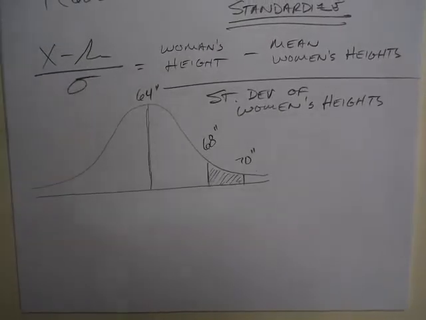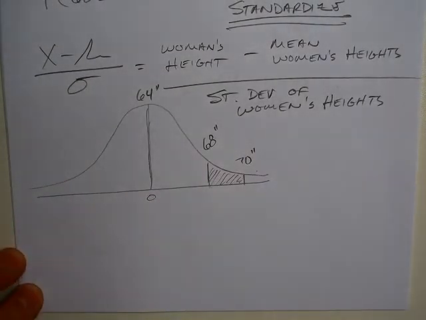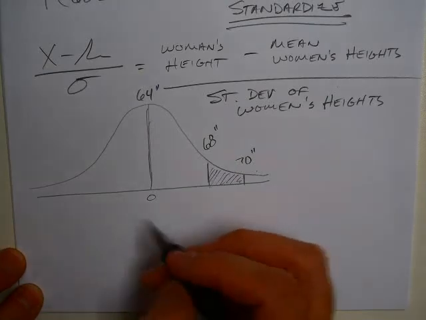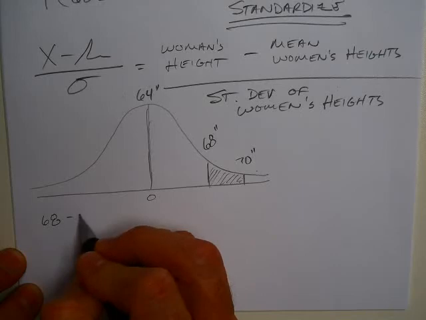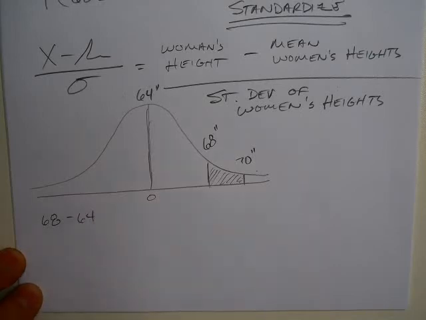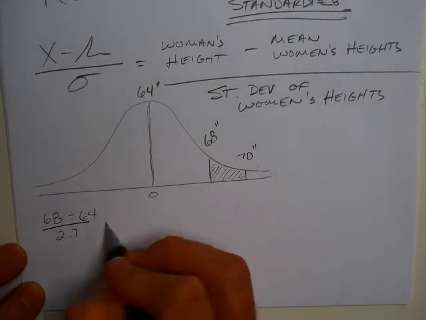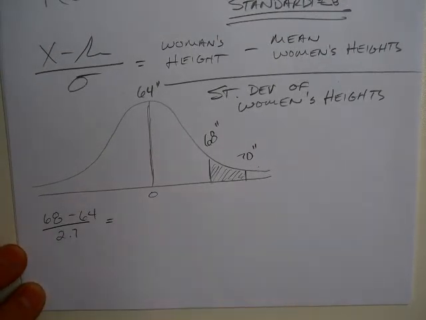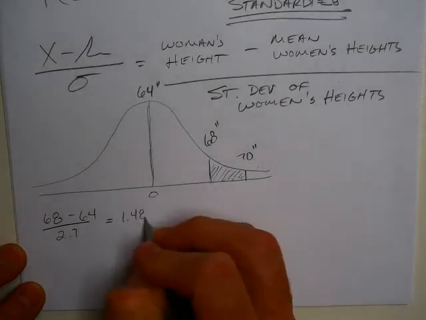So I need to standardize and get the z-scores for this. Remember, this z-score here would be 0. So this is going to be 68 minus 64, the lower height minus the mean over the standard deviation. I have an answer of 1.48 for that.